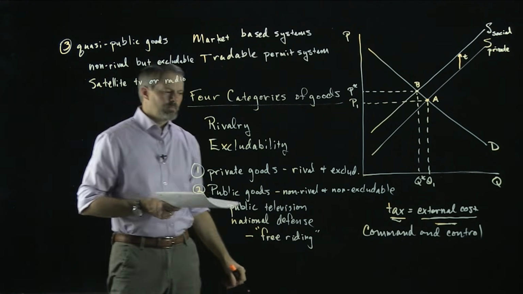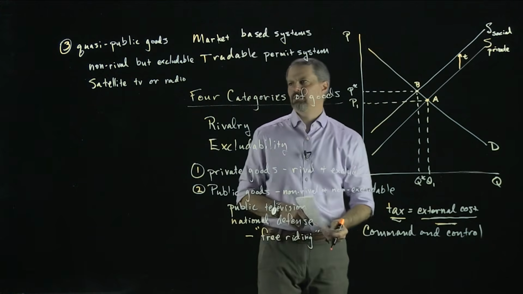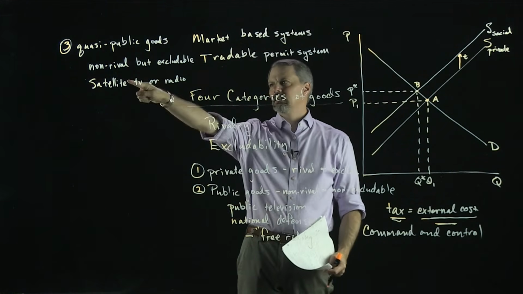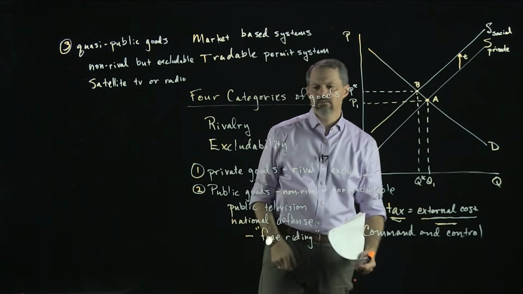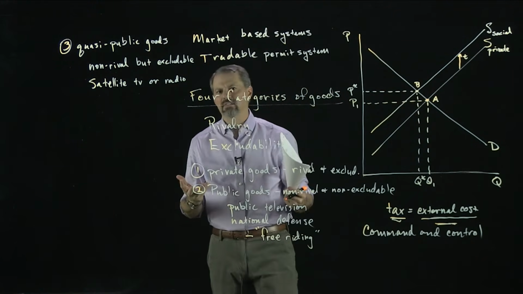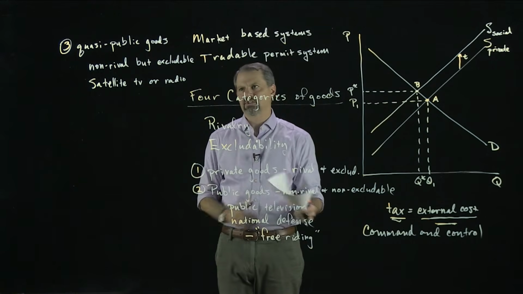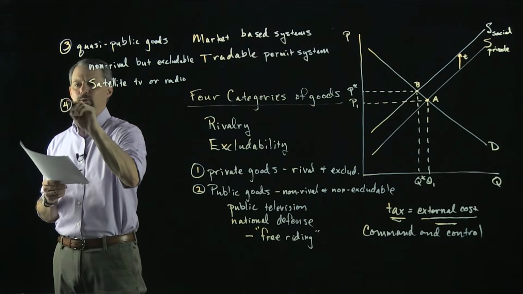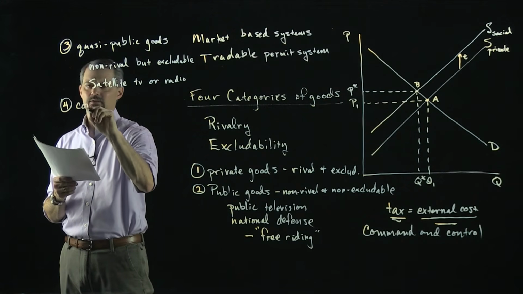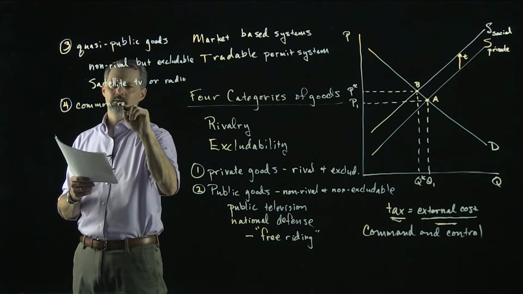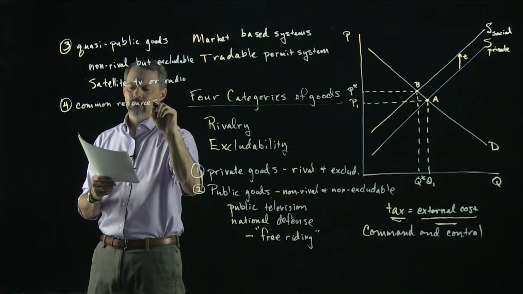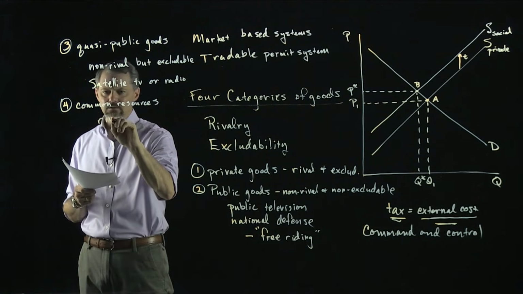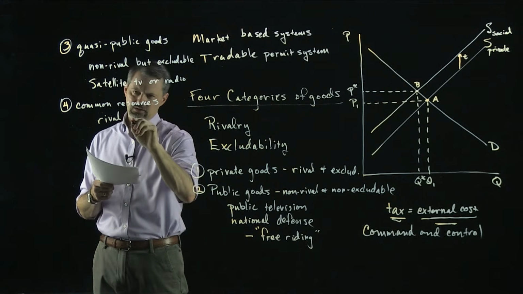If you don't pay for a subscription, then you can't capture the signal, but it's still non-rival because my consumption of it doesn't diminish the ability for anybody else to consume it. And then finally we have what are referred to as common resources. Common resources are rival but non-excludable.